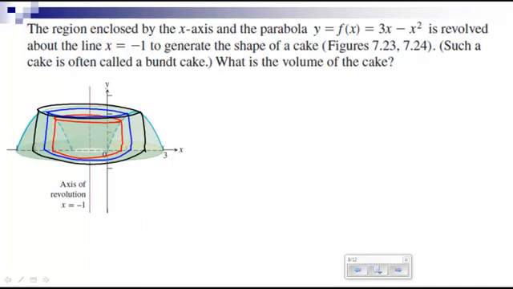Where's the base of that black cylinder? It's the same base as the bundt cake. Where's the top of the rim of that black cylinder? At the very top of the bundt cake as well. Each one of these cylinders has its top at the bundt cake's top. Are they all the same height? No, because the bundt cake is changing in height.